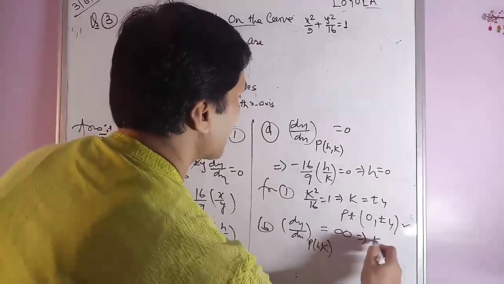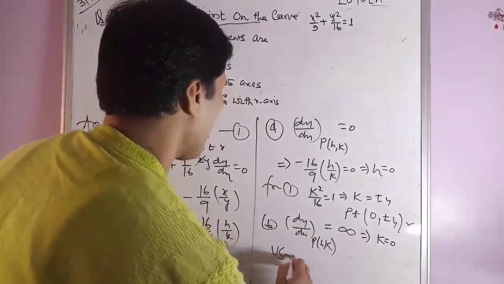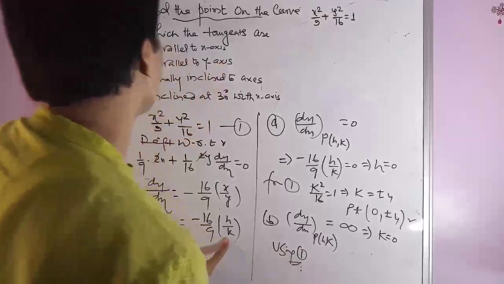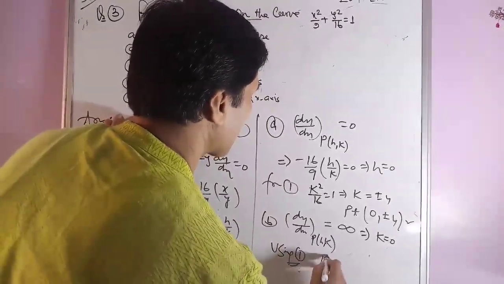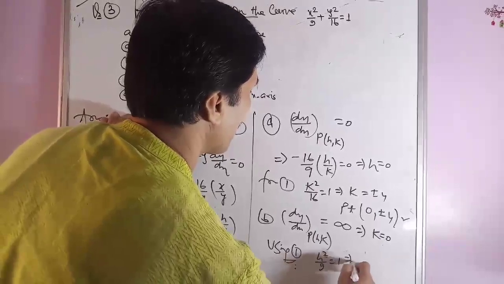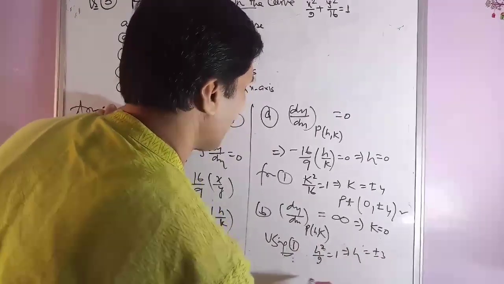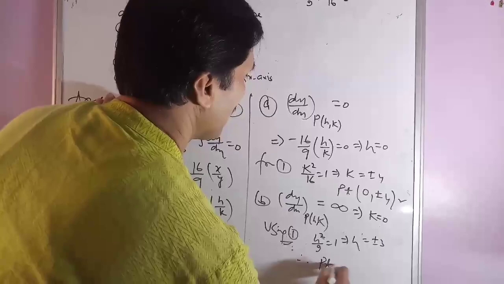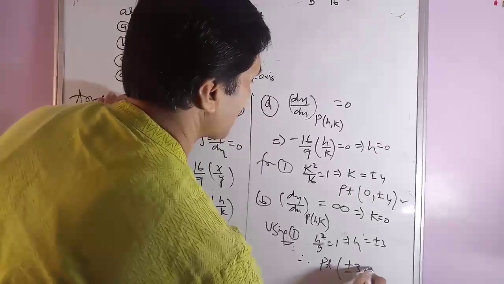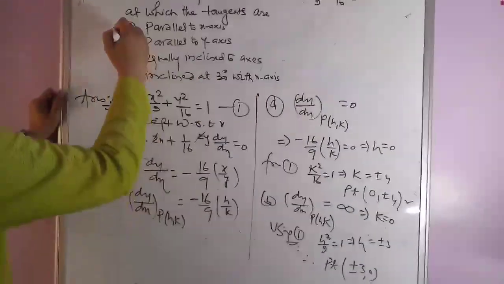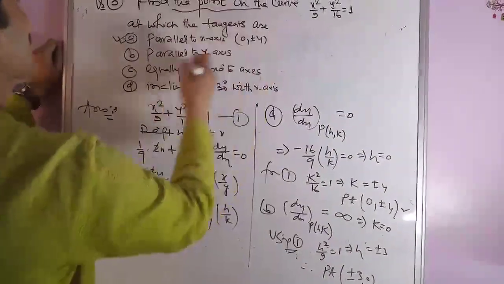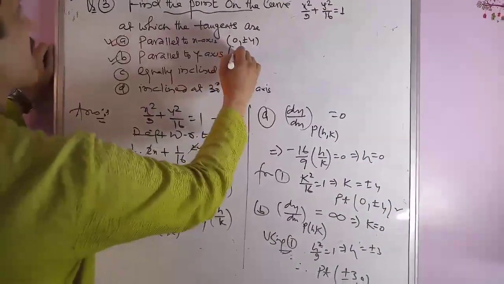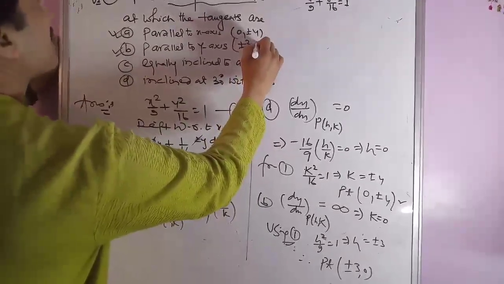This implies k equal to 0. Using in first relation, we get h square by 9 equal to 1, h equal to plus minus 3. Therefore, required point (plus minus 3, 0). So first answer (0, plus minus 4), second answer (plus minus 3, 0).